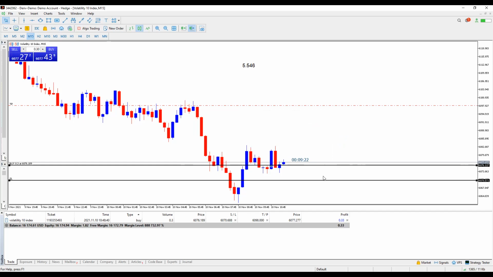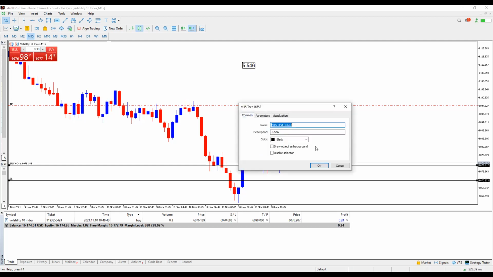Now you pick any lot size, or you can say the minimum lot size here. As you can see, we have 0.30. You then multiply this number, 5.546, by 0.30. Remember, we said the answer that we get from subtracting the entry price from the current price movement; here we're just using the stop loss.